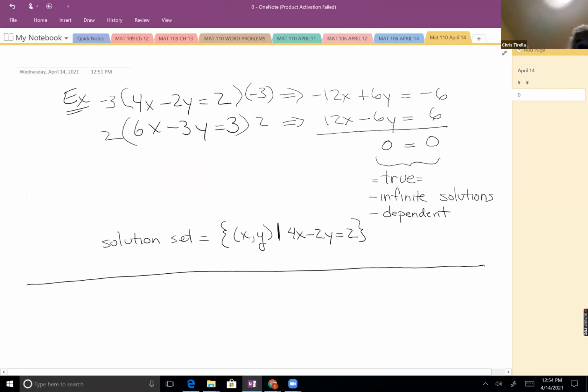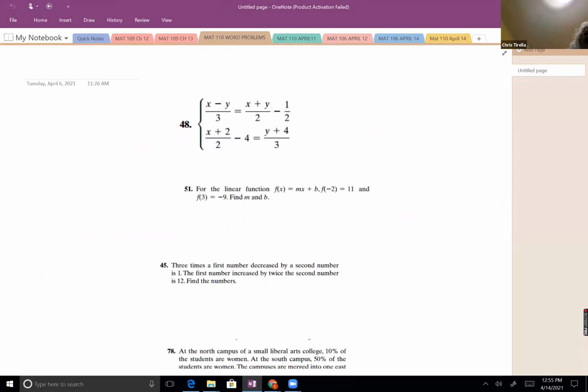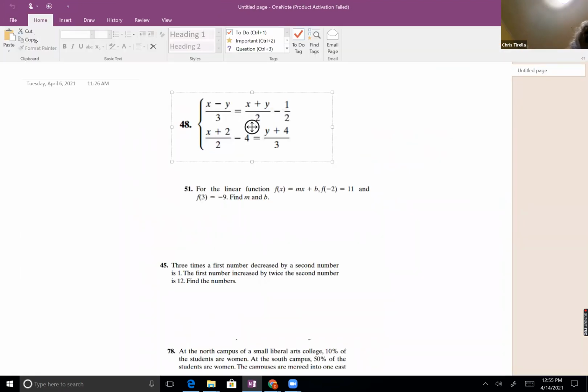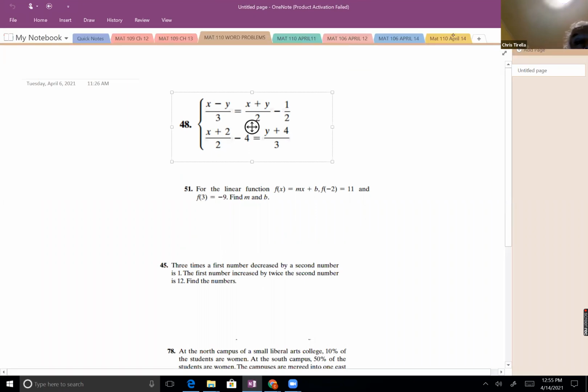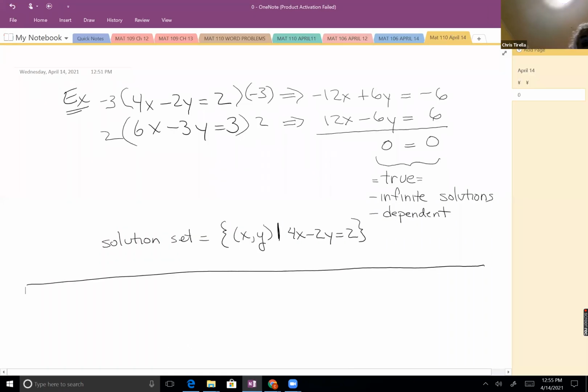If so, I took the liberty of pulling a bunch of other problems from the textbook that I'd like to add to the notes and look at. They're in this file here, word problems. And so I'm going to be lazy and go through and copy and paste those into today's notes.